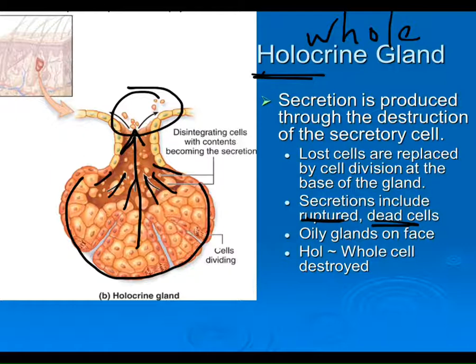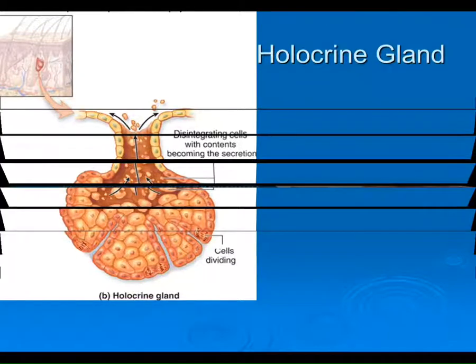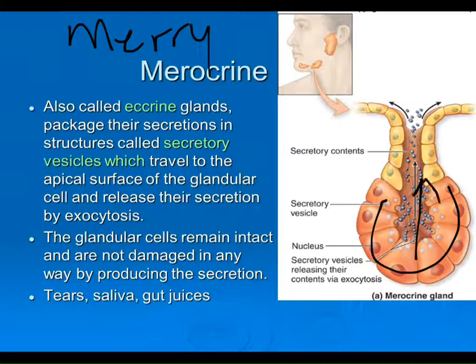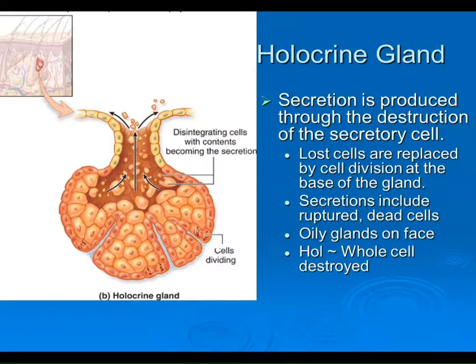Now back up then, the way I remember this is that if this is holocrine, back here, these cells stay, this is goofy I know, but these cells stay merry. They're not dying, they're just releasing their product into the duct, and they're not being destroyed in the process. So merocrine, right, those cells stay merry, they're alive, versus holocrine, where the whole cell dies as part of the process.